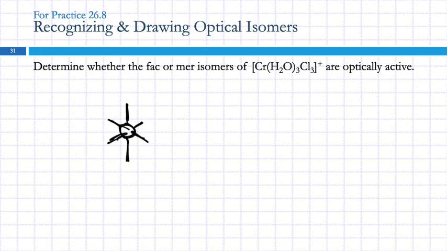Oops, that didn't come up very well. So we've got 3 waters and 3 chlorines. I'll do blue for the water, and green for the chlorine.